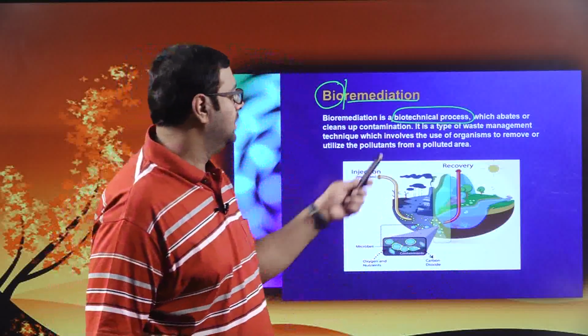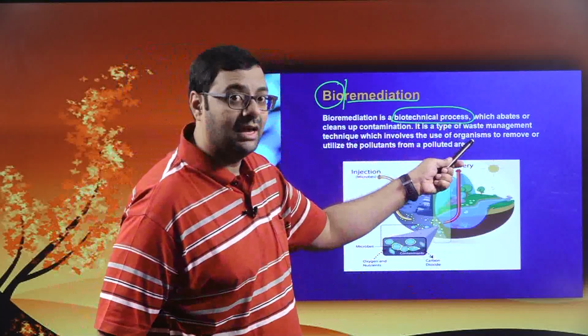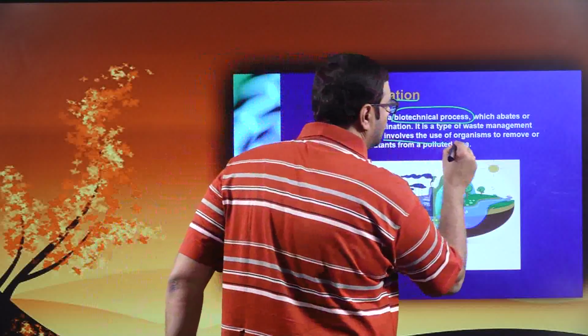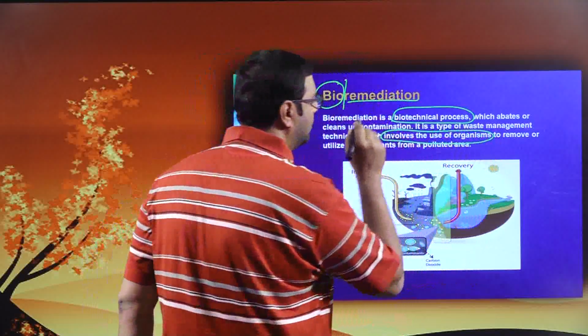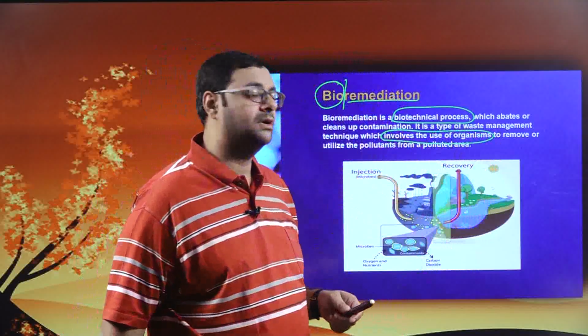It is a type of waste management technique which involves the use of organisms. This is very important. Bioremediation involves the use of organisms to remove or utilize the pollutants from a polluted area.